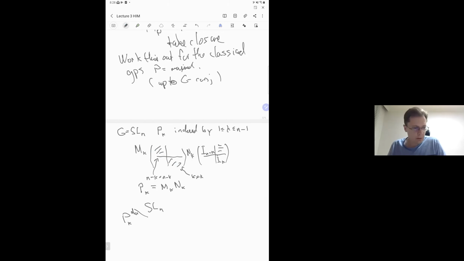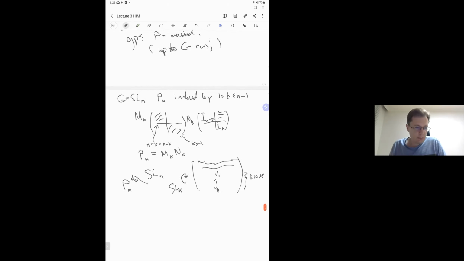Okay, so if I want to think about it in terms of matrices, all I care about is the last k rows, and I can think about SL_k acting on these last k rows, v_1, v_2, through v_k.